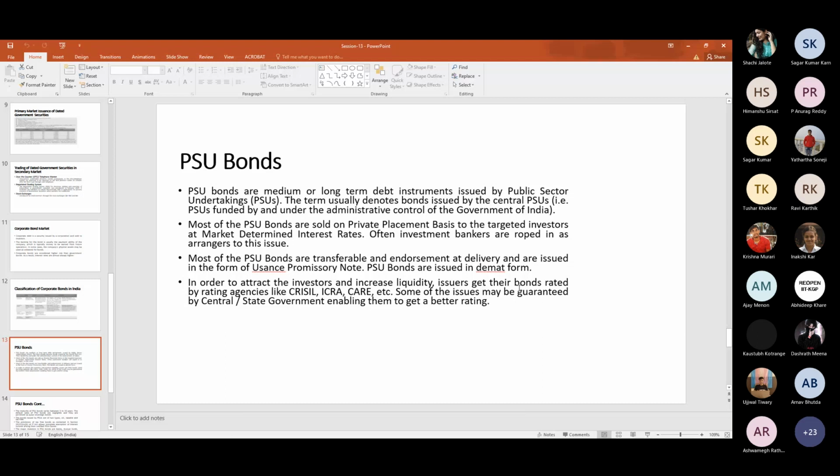Most of the PSU bonds are transferable, and the PSU bonds are issued in demat form. Anyway, all bonds are always issued in demat form only.